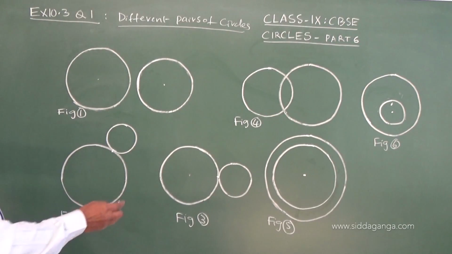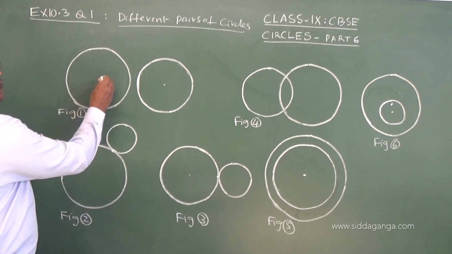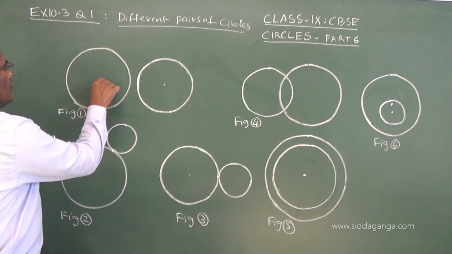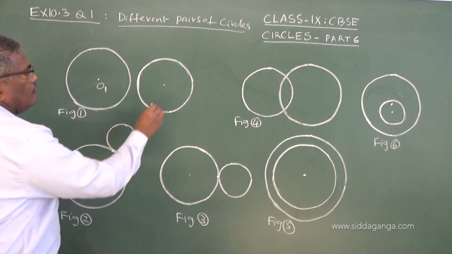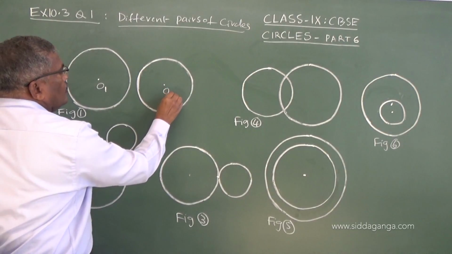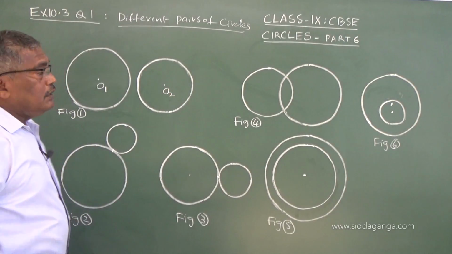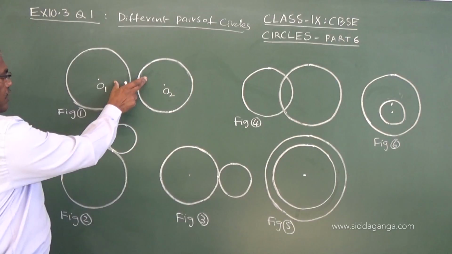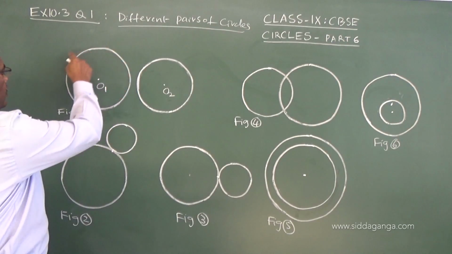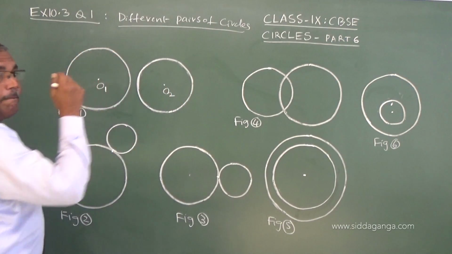Suppose I call this one circle with center O1 and the other with center O2. These two circles put together, I call figure number 1.